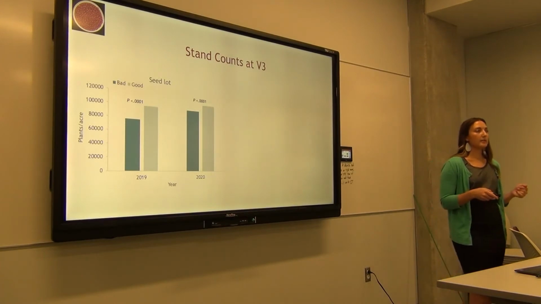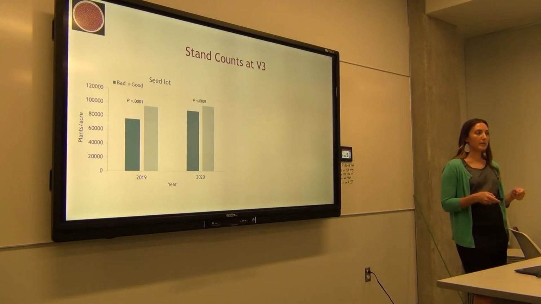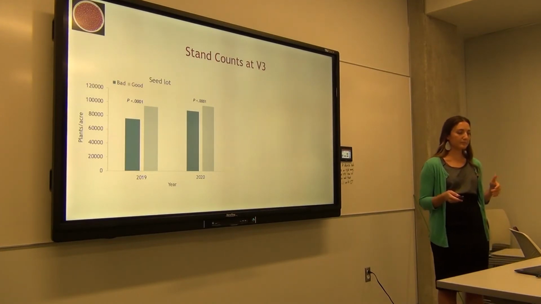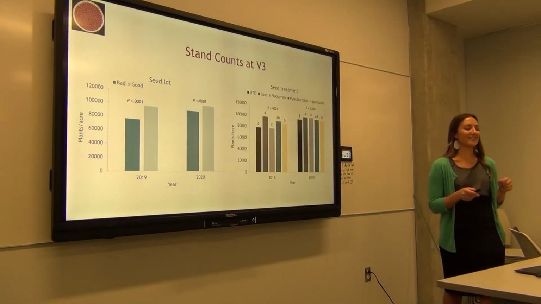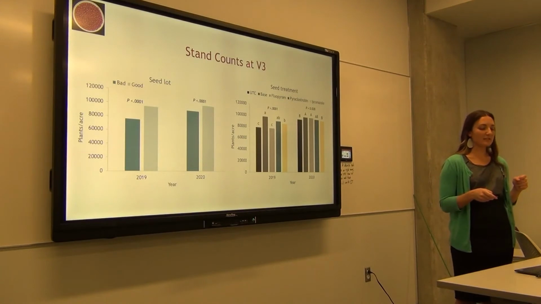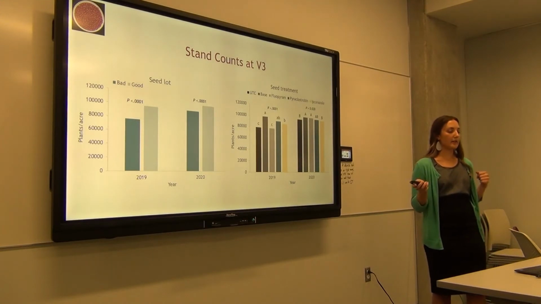In 2019, the good seed lot had about 28% greater stand, while in 2020, the good seed lot only had about 11% greater stand. And seed treatment had an effect on stand counts in both years, where the base treated seed, which is the dark gray bar, had the highest stand counts in each year.